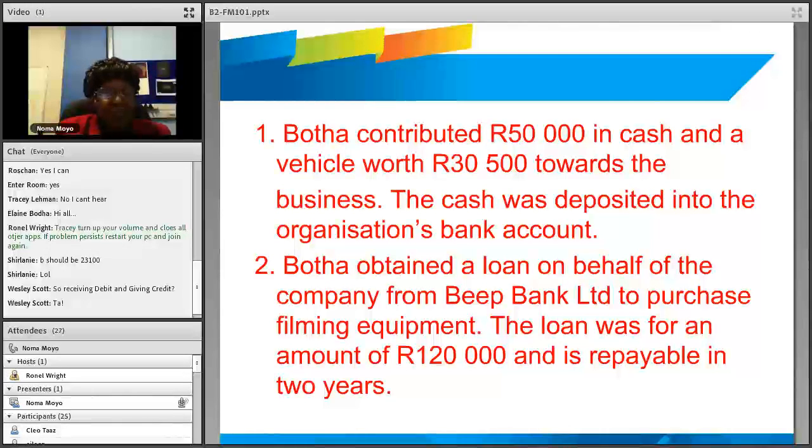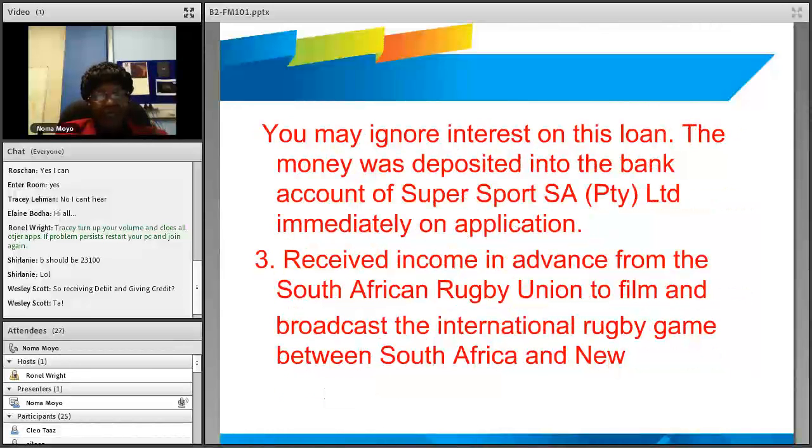It's going to be debited by 120,000 and the loan is going to be credited, the loan from B2 Bank. We always debit the receiver, credit the giver. You may ignore interest on this loan. The money was deposited into the bank. So there are 2 accounts, the bank and the loan. You debit bank, credit loan.